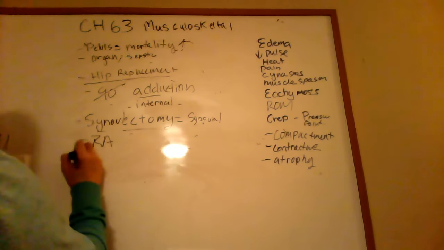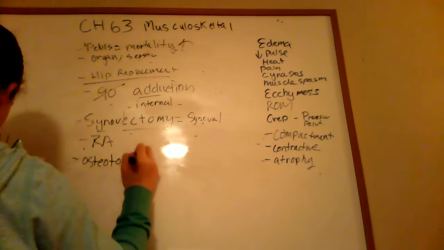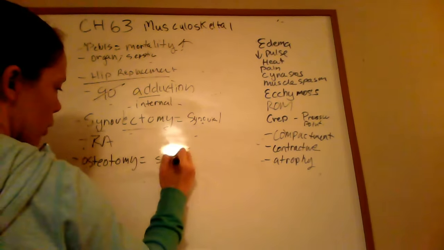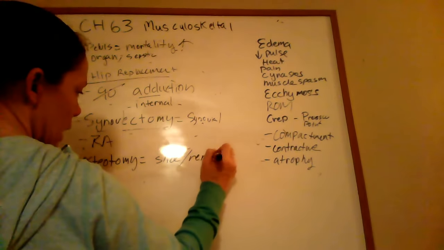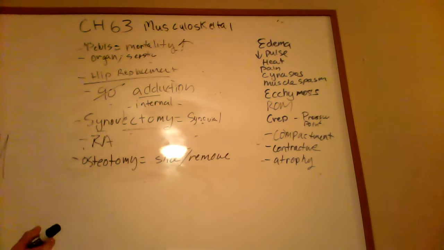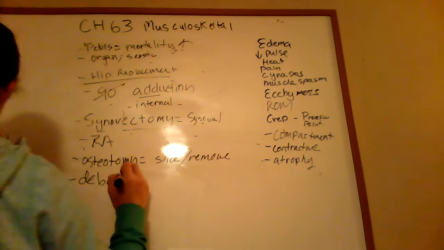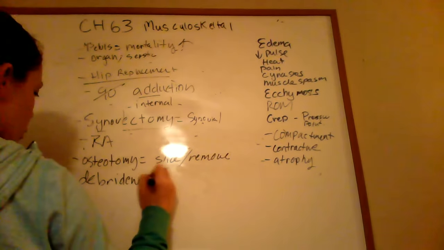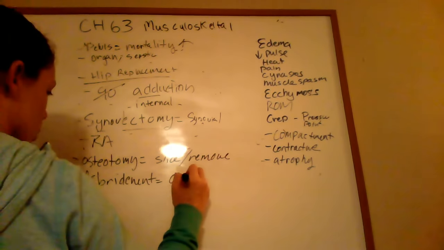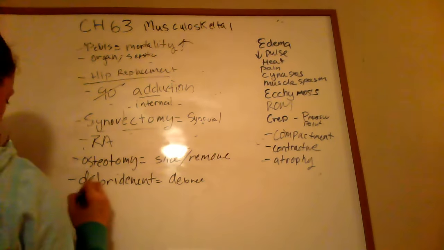Alright, osteotomy. This is a slice or removal of a part of the bone in an attempt at realignment, or return it back to a regular position. The debridement, again, very important in open fractures. And it's the removal of debris or bone or anything that can cause soft tissue damage.